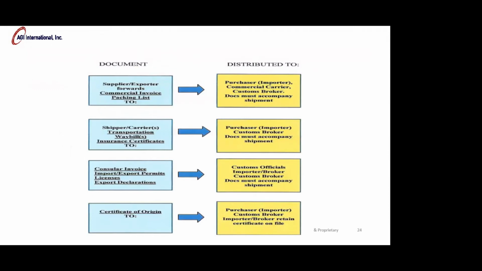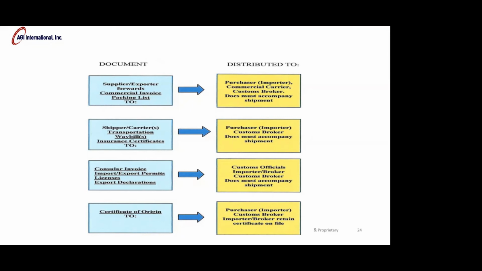This next page is just a document that shows how the documents get distributed into the rest of the process. It talks about the supplier, exporter, forwarding, the commercial invoice and packing list, and who they go to: the purchaser, importer, commercial carrier, customers, brokers.